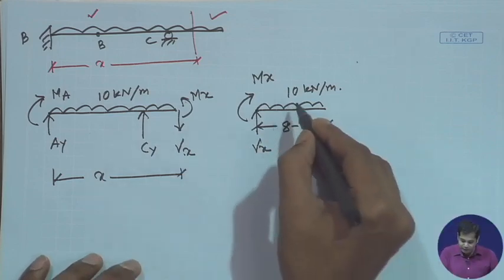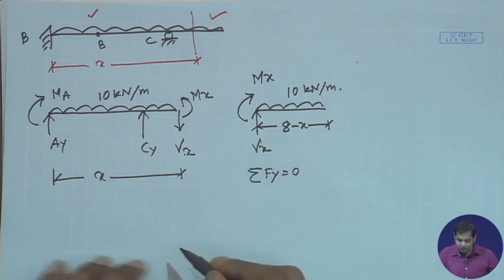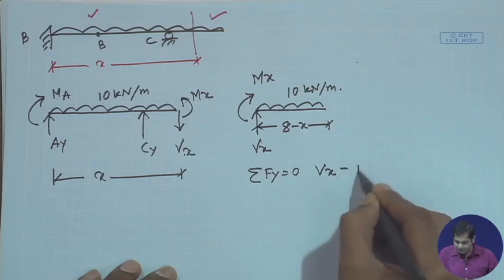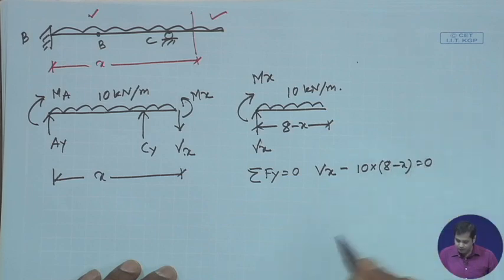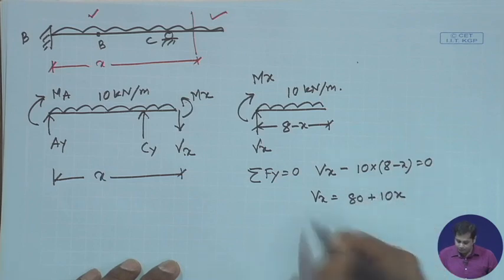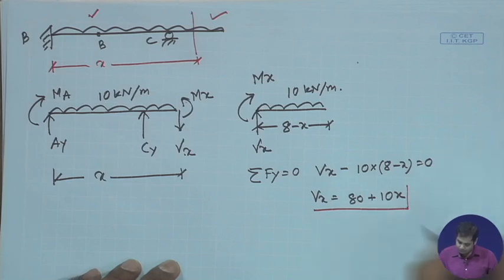Now, if I take this, then summation of Fy is equal to 0. This gives me Vx minus 10 into 8 minus x is equal to 0. So, Vx is equal to 80 minus 10x.